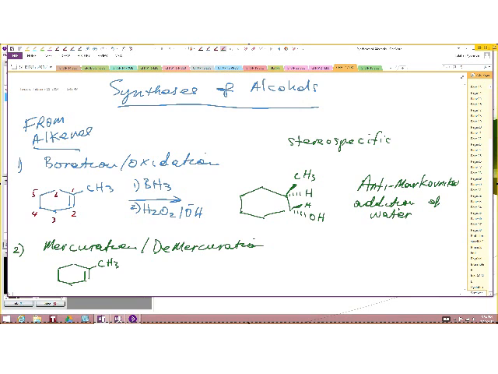Now, if we want to obtain the Markovnikov addition of water, we use this reagent here. Mercury acetate. Generally, you use this in an aqueous medium. Step 1. And then you follow that up with sodium borohydride. You guys know about that already.